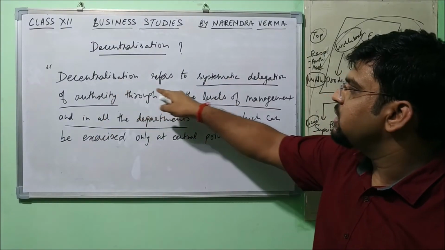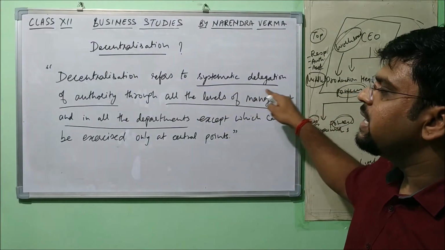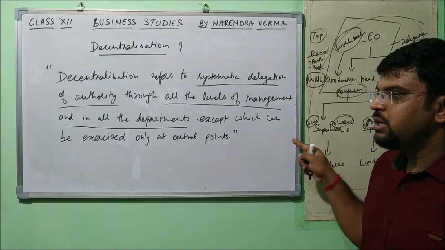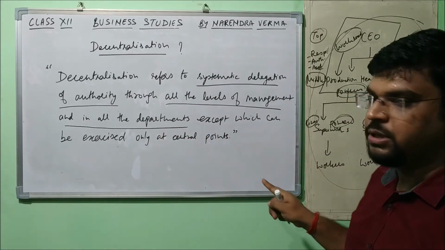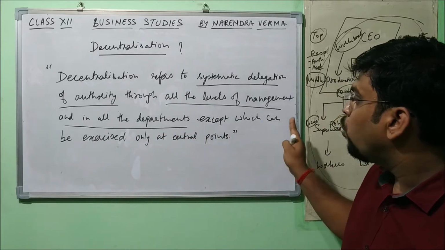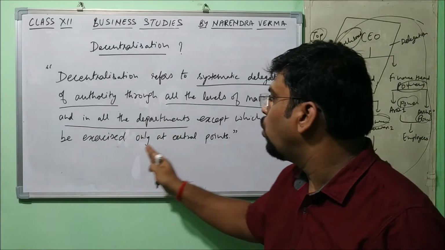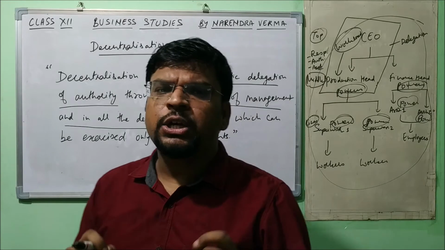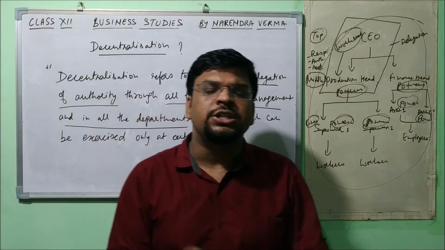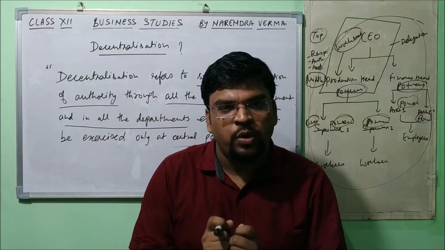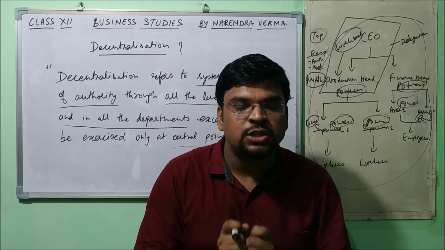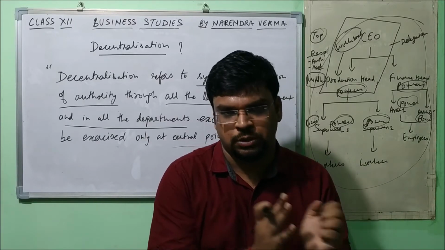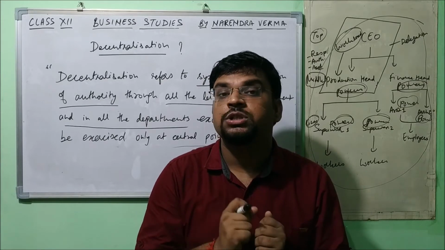So decentralization refers to systematic delegation of authority through all the levels of management and in all the departments, except what can be exercised only at central points. Only a few crucial decisions are kept which can be taken and exercised only by top level management.